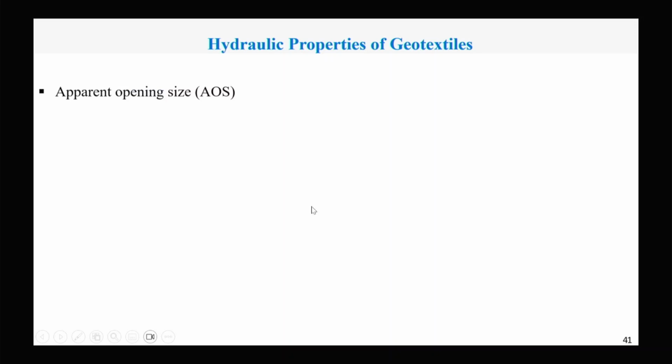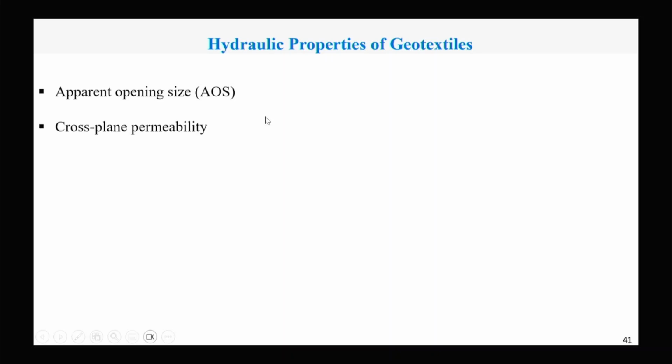Next, coming to the most important property of geotextile, which is hydraulic property. The first characteristic of geotextile is the apparent opening size, AOS.